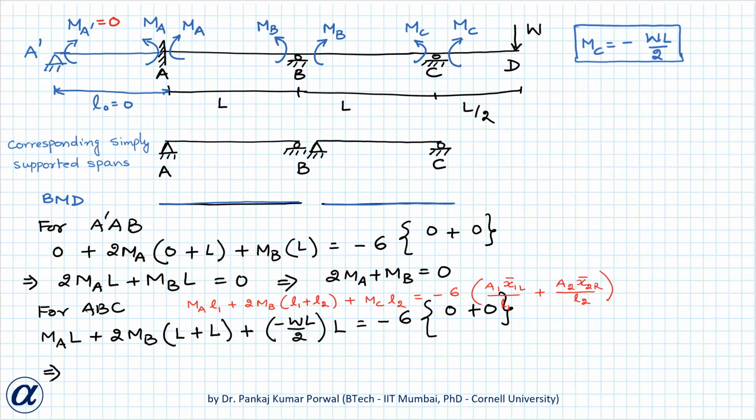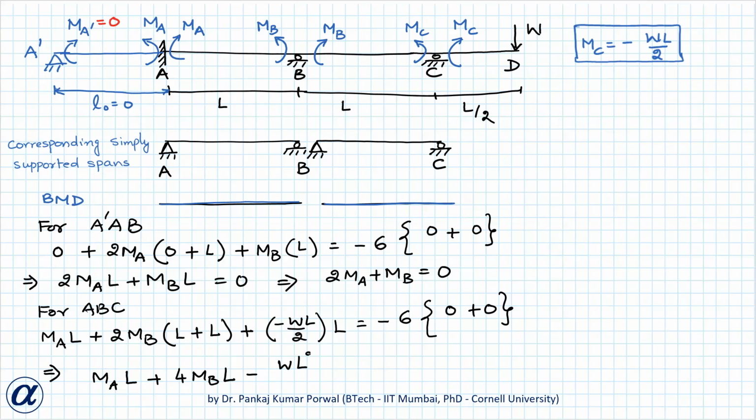So this gives me MAL plus 4MBL minus WL squared by 2 equals to 0. Here I can take one L common, so I'm left with MA plus 4MB equals to WL by 2. Let's call this equation 1 and this equation 2.